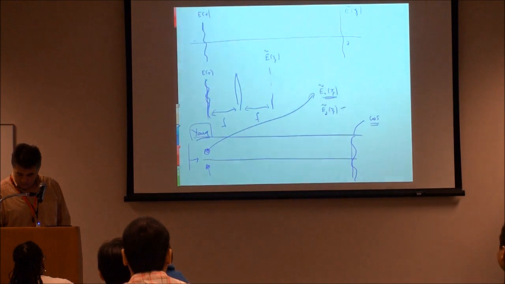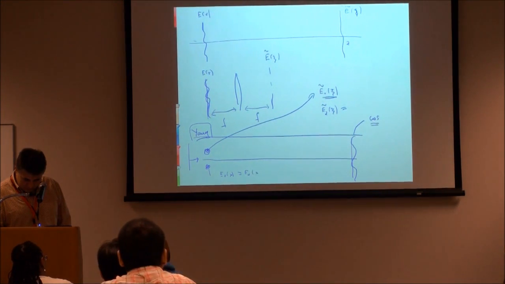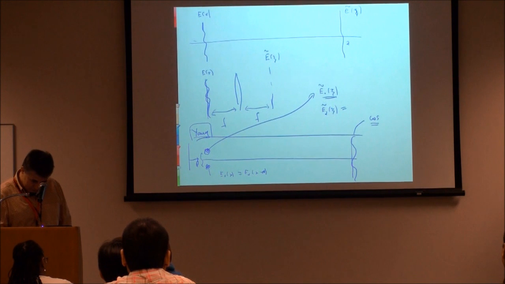But now, I know that the field in the space U2 of x, if the pinholes are identical, which they are, is U1 of x minus a, where a is the distance between the two.